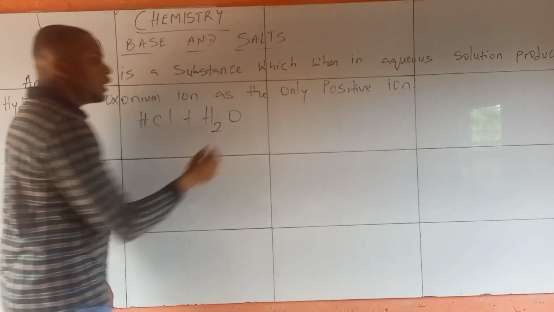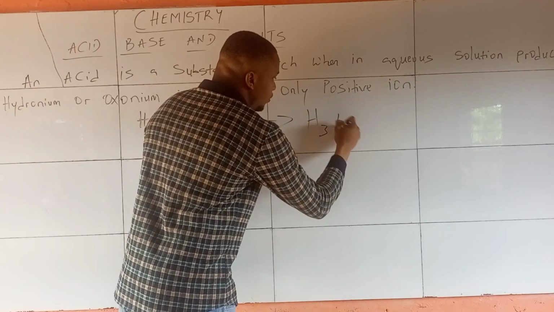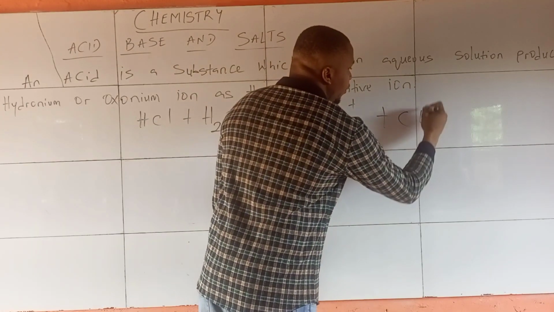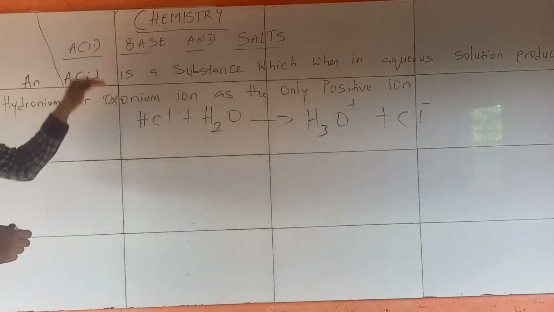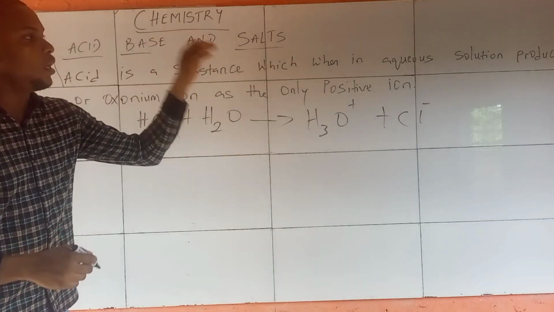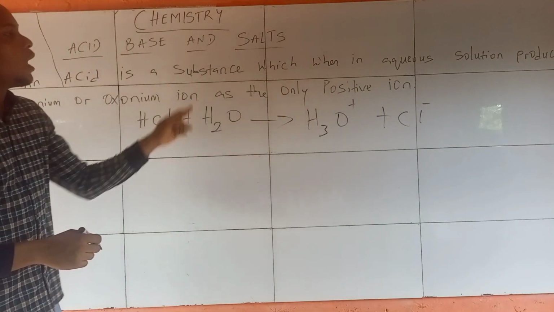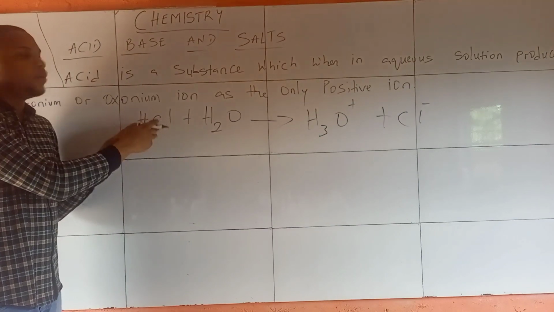Hydrochloric acid plus water. This will yield hydronium plus chlorine ion. This is basically this definition that says an acid is a substance which, when in aqueous solution, produces what? Hydronium or ozonium ion as the only what? Positive ion.